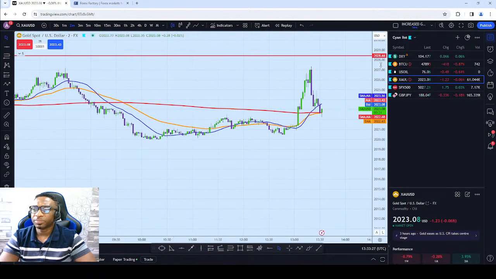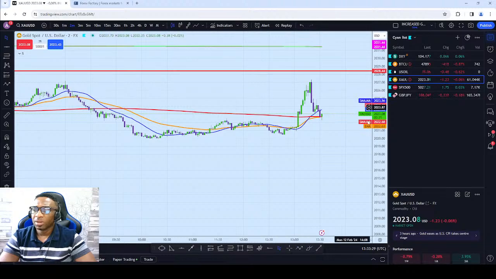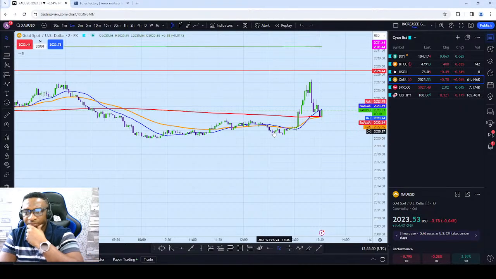So that is what we have there. Now it's moved near to the 20 moving average, and we also have the 200 moving average right here. So if price sets off here to the upside, we have a very good advantage.